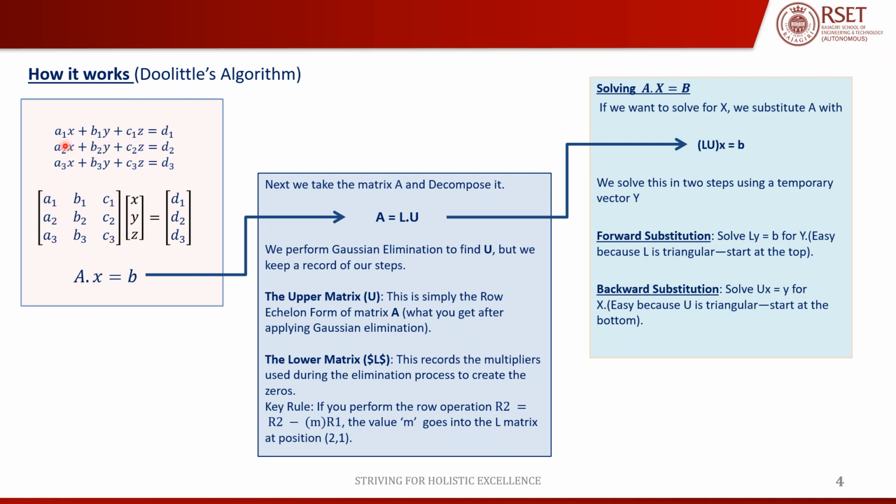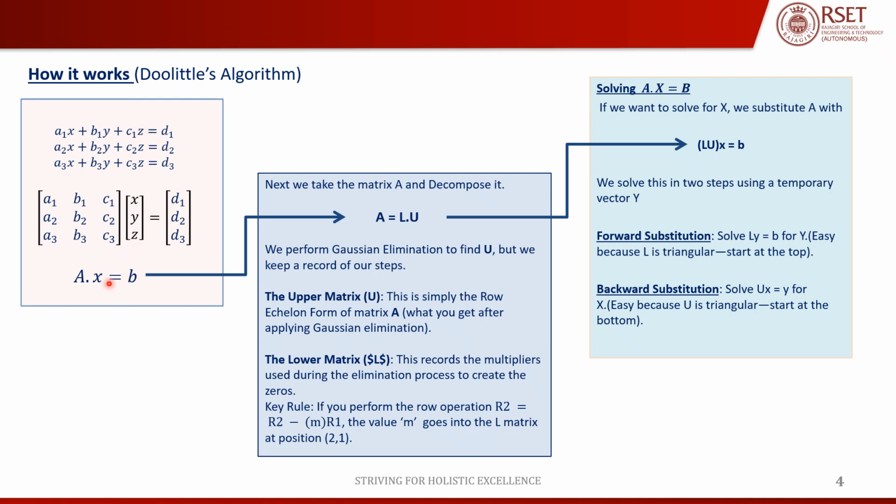Look at the first equation, a1x + b1y + c1z = d1. I take the coefficients for the first row, a1, b1, c1, and the second row, a2, b2, c2, and the third row, a3, b3, and c3. I get this matrix, and we denote it as A. So capital A is nothing but the matrix of the coefficients of x, y, and z.